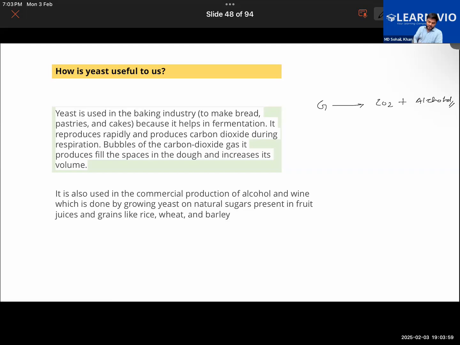It is used for the commercial production of alcohol and wine also. There we take natural sugars, for example sweet fruits, or grains like rice, wheat, and barley. On these, the yeast is allowed to grow. When the yeast grows on those sugar-rich substances, it converts the sugar present in them into alcohol.